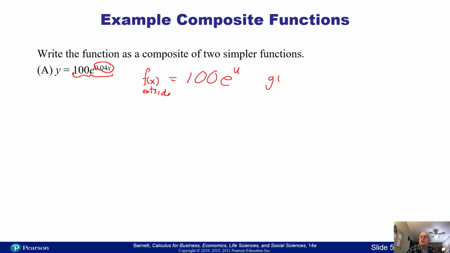And what would g of x be? g of x would be the inside function, which would be 0.04x, which we call u. These are our two functions. There's the outside function, and this one's the inside.